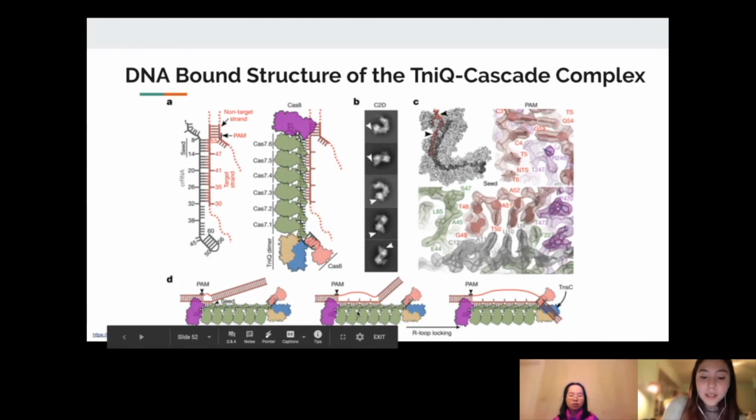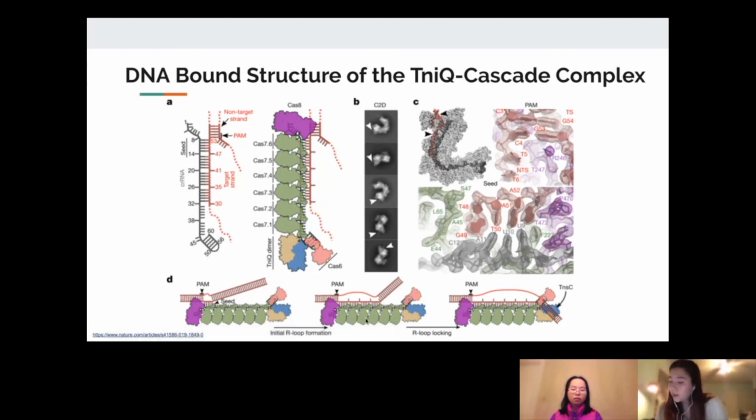An R loop consists of the CRRNA guide RNA that is bound to its target sequence. And then there's also this loop that's formed where there is space now in between this formed double-stranded DNA RNA binding and the existing complementary sequence of the target.